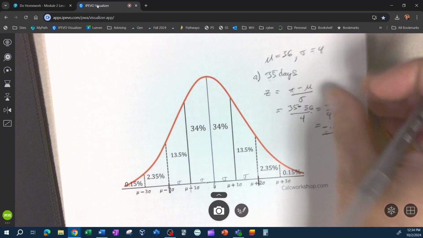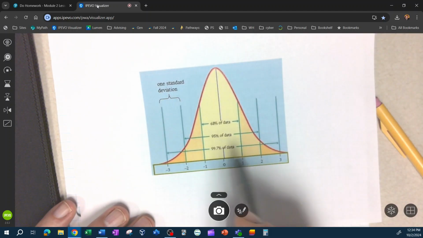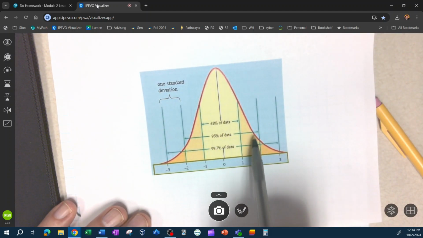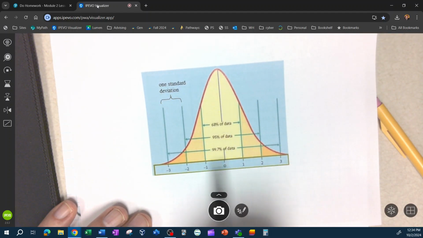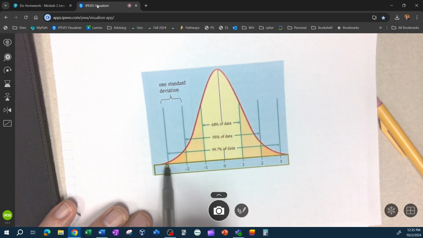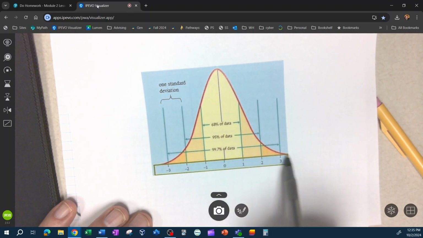Remember, the empirical rule says that 95% of the data is within two standard deviations of the mean. So if z equals minus 2, it's right on here, but if z equals minus 2.5, it's out here, which means it's unusual. Anything beyond 2 is unusual. Anything beyond 3 is very unusual. So 2.7 here, that's unusual. 3.1 is very unusual.